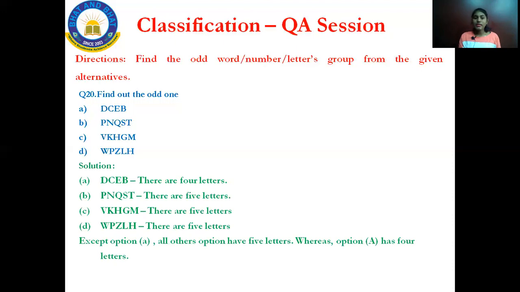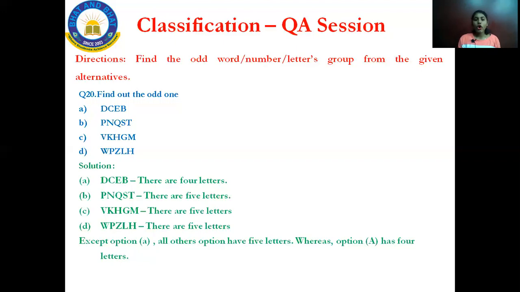I'll repeat once. Find out the odd one. Your options are: option A, D, C, E, B; option B, P, N, Q, S, T; option C, V, K, H, G, M; option D, W, P, Z, L, H. See, look at the options and count the number of letters in all options.